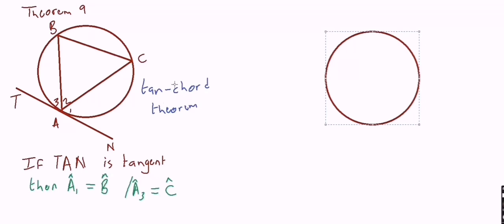But just note that this tan chord theorem, we can use the converse of it. We can prove that TAN is a tangent if we first prove that A3 is equal to C, or if we first prove that A1 is equal to B. And then we can now say, therefore, TAN is a tangent, and the reason for that is the converse of tan chord theorem, right?